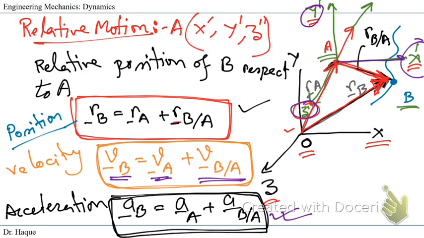So this is the concept of position, velocity, and acceleration for relative motion.